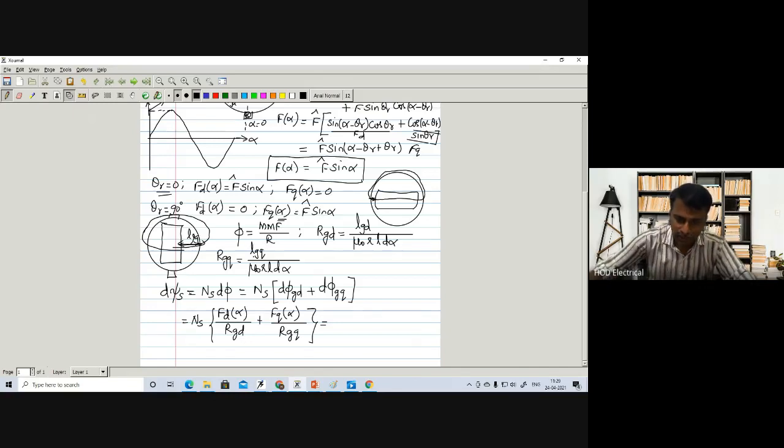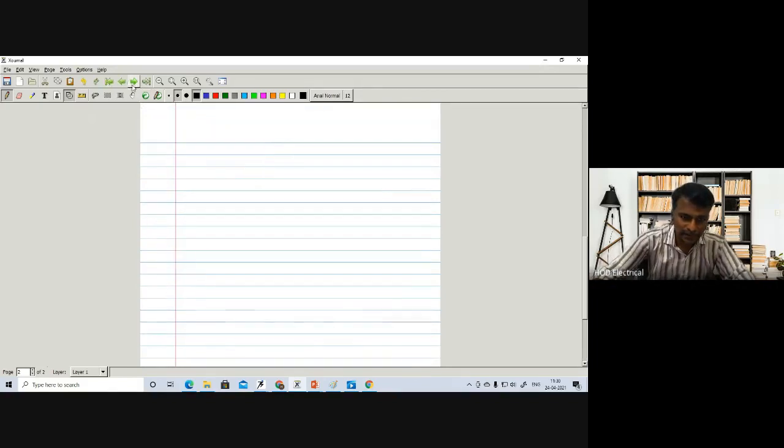The term alpha is common to both, so I am going to write mu naught Ns R L into Fd of alpha divided by LGD d alpha, plus Fq of alpha divided by LGQ d alpha. Let me take this to the next page.